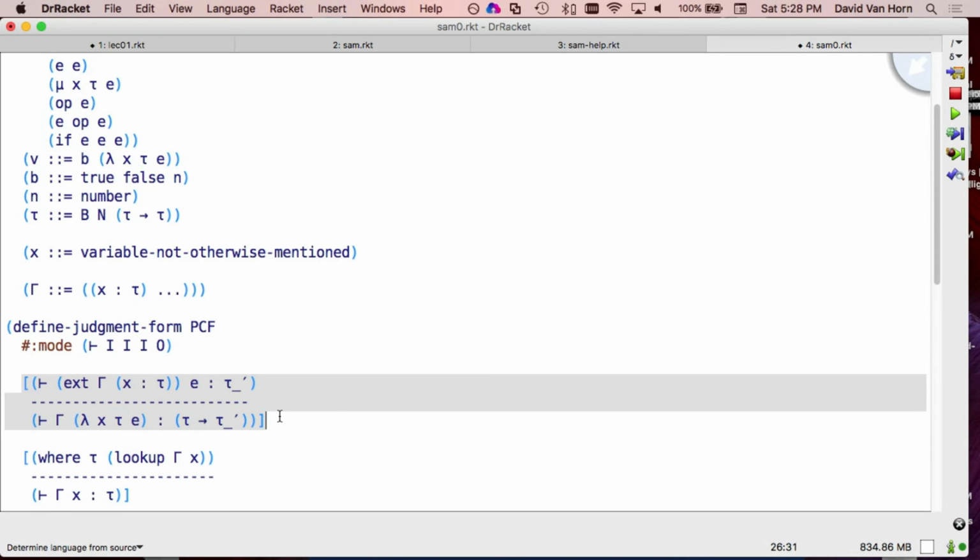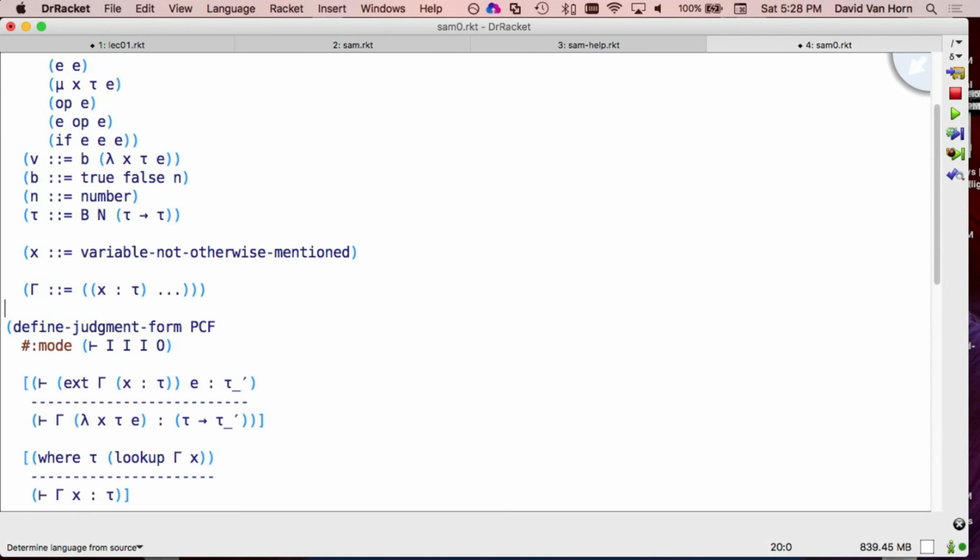The other thing you might notice here is that when I hover over this, nothing happens. I wrote this little thing that I intended to mean the extension of gamma with x and tau, but I actually haven't defined it.